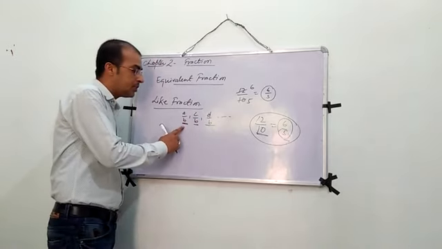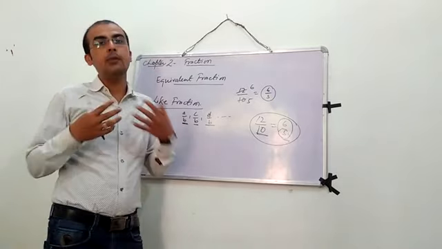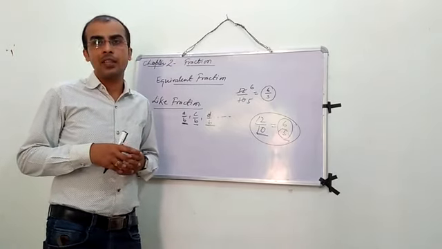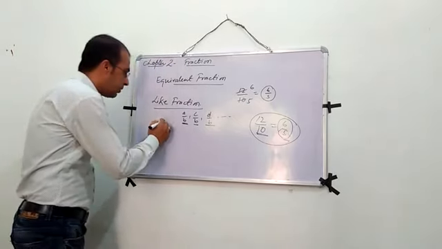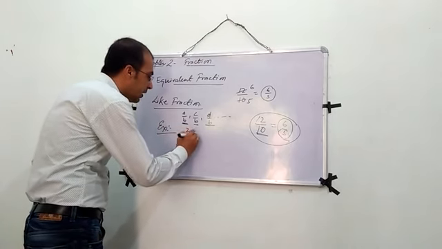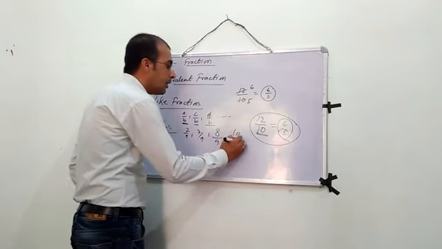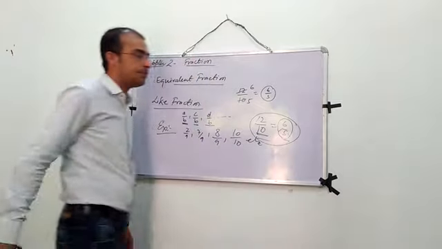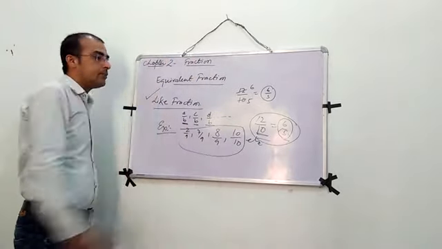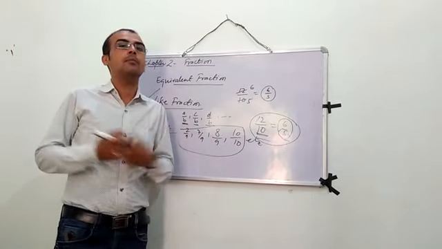In each and every fraction the denominators are the same. For example, you can take 2 by 9, 7 by 9, 8 by 9, 10 by 9, etc. All are like fractions because their denominators are the same.